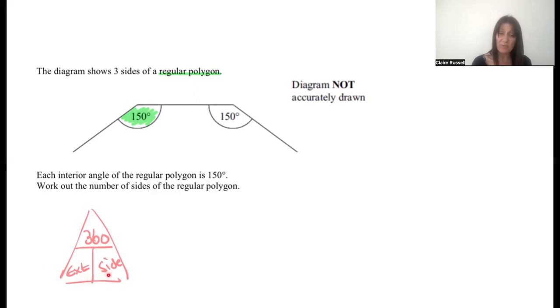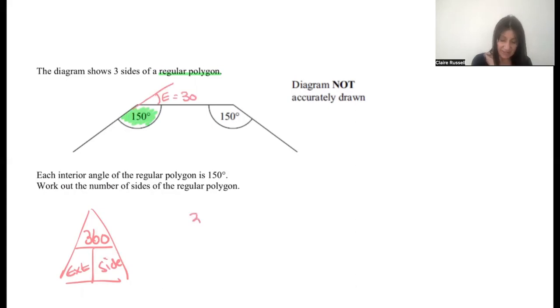So this triangle will help me find the sides, but only if I've got the exterior. So all I have to do is stretch this out so that the exterior and the interior sit on a straight line. Use the straight line rule, 180 take away 150. That is going to give me 30.